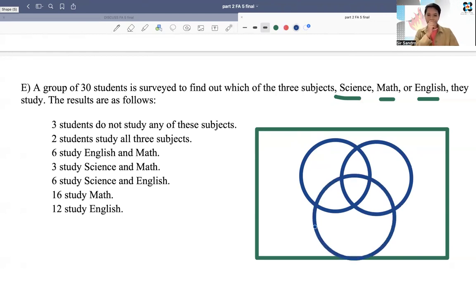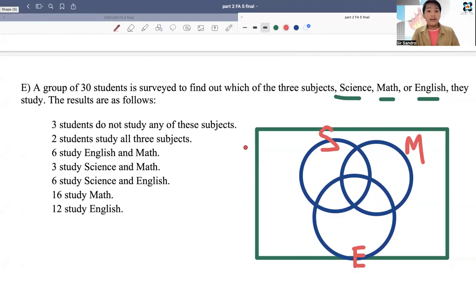Okay. And then don't forget to label our circles. We can use S for science, M for math, and E for English.